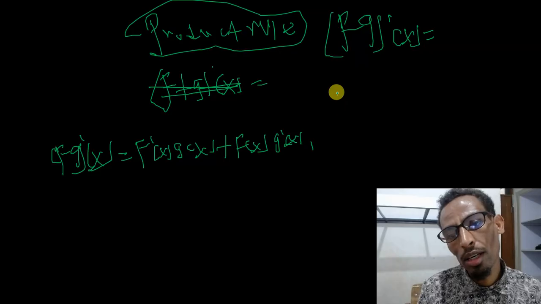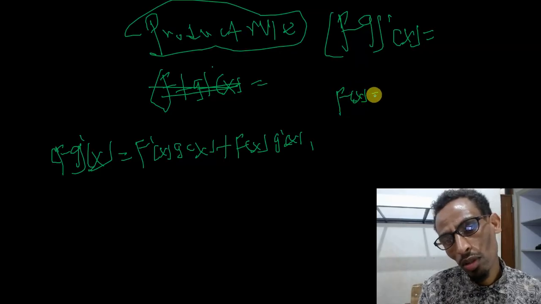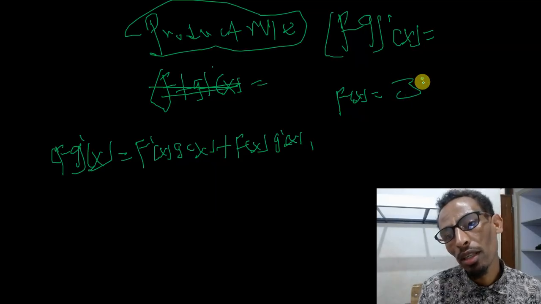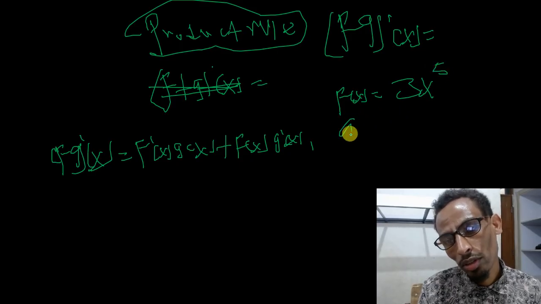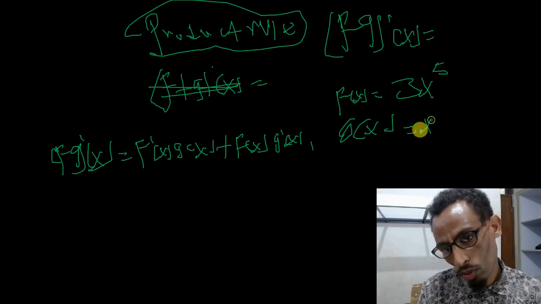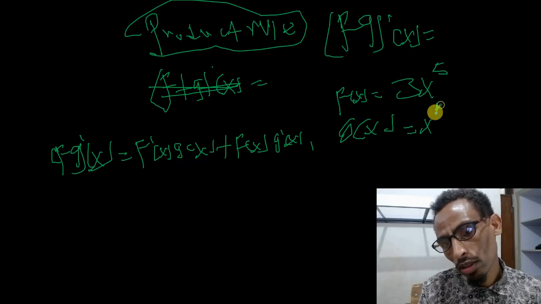For example, let's say f of x is equal to 3x to the power of 5, and g of x is equal to x to the power of 1 over 3.